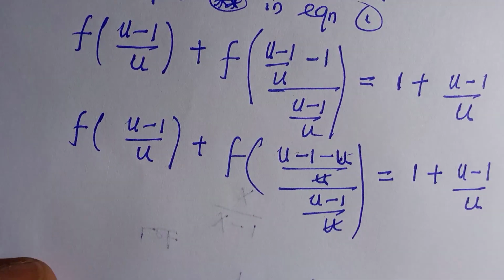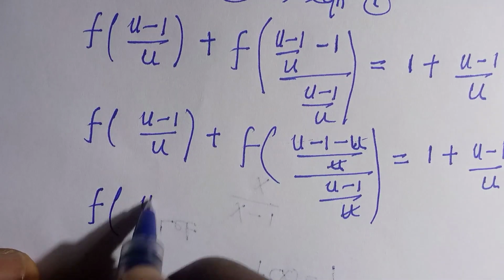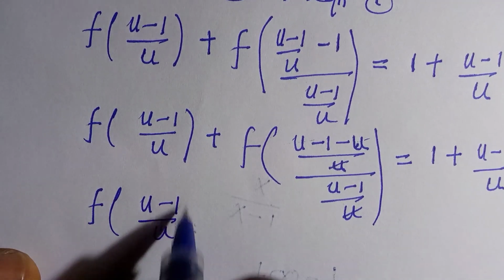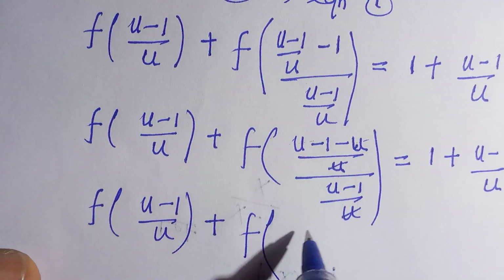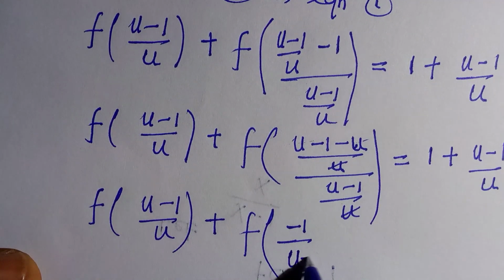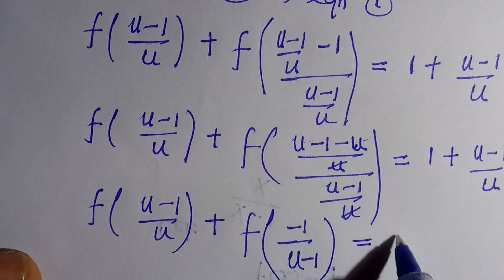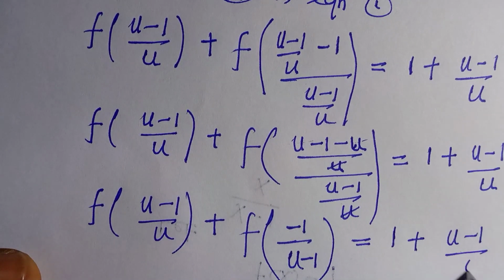If these two cancel, applying the law of reciprocal, and minus u plus u also cancel, then we have f of u minus 1 divided by u, plus we are left with f of minus 1 divided by u minus 1.